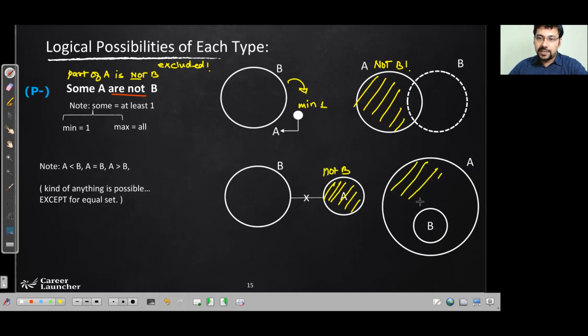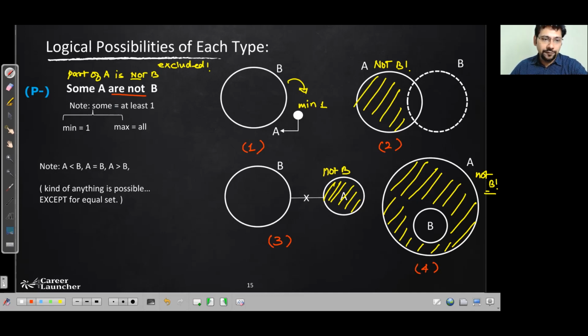In this case, obviously, A is a superset, and these are the A that are not B. The A that are not B. So, interesting, four possibilities we can consider. I definitely consider all the four during my solving.